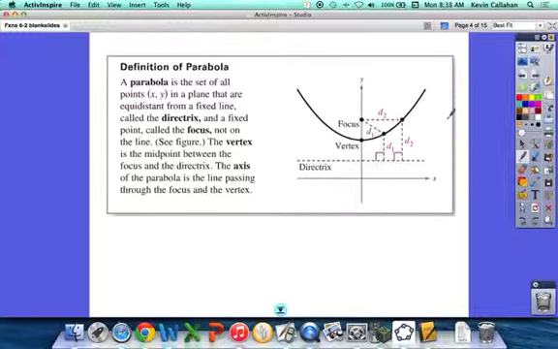We'll see later that parabolas have special characteristics in the real world that are useful in ways that you are familiar with. You probably use parabolas in your life without even knowing. Okay, we're good with that?